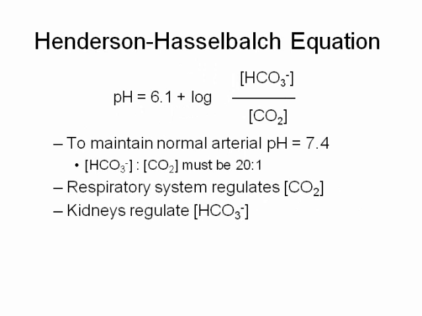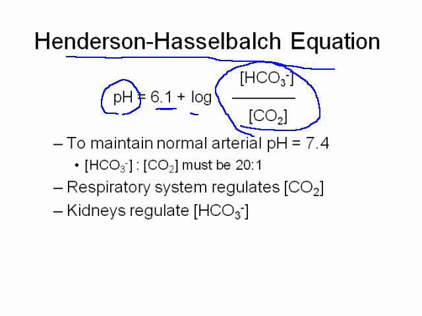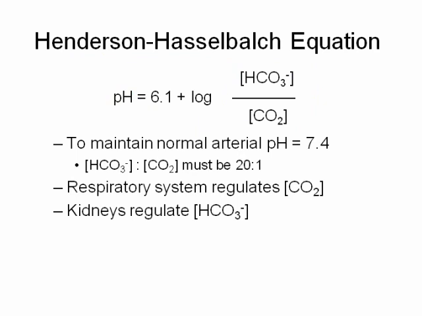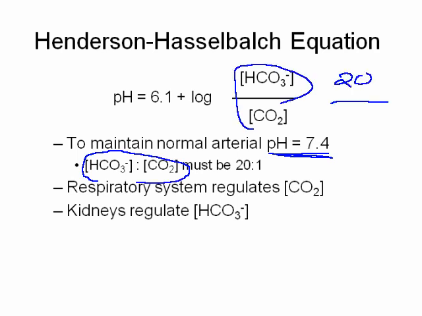Let's take a look at acid-base balance a little bit more. This is what's called the Henderson-Hasselbalch equation. The pH of the blood equals 6.1 plus the log of this ratio between the plasma concentration of bicarbonate versus the plasma concentration for CO2. So to maintain the normal pH of about 7.4, this ratio right here has to have a value of 20 to 1.